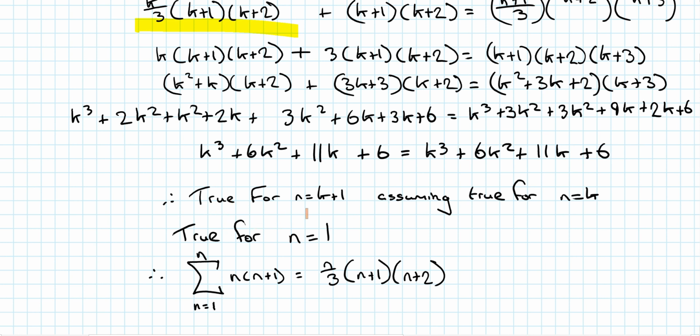So we're saying therefore true for n is equal to k plus 1, assuming true for n is equal to k. We know it's true for n is equal to 1 was the very first thing, and then we reiterate our statement from the very start. The sigma starting at n is equal to 1, ending at n of n plus 1 is equal to n over 3 by n plus 1 by n plus 2.